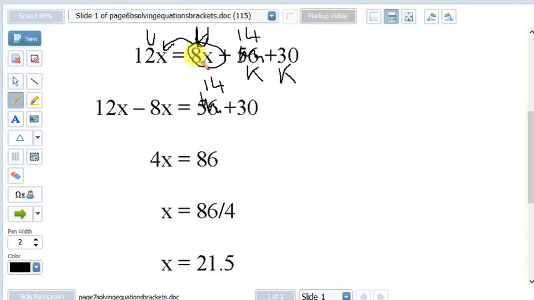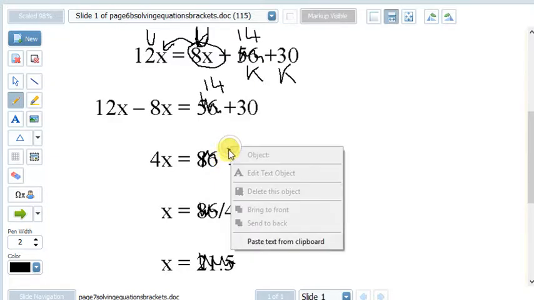And a positive 8x, when we move it across to the other side of the equal sign, becomes a negative 8x. So 12x minus 8x is our 4x, and then 14 plus 30. You can see if you go wrong in one bit, it just cascades and it goes wrong all the way through. Okay?